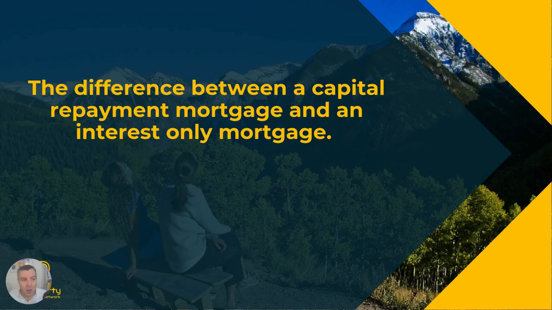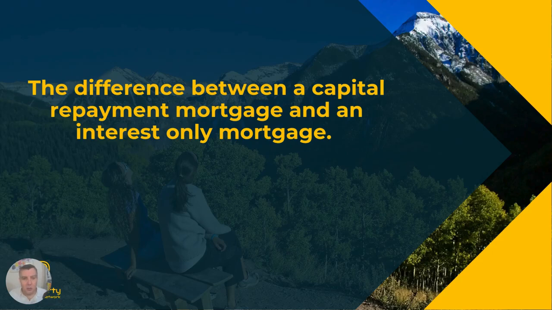So a capital repayment mortgage and an interest-only mortgage, for once, the financial sector have made these terms quite clear as to what they represent. The financial sector is deliberately opaque in a lot of their language, but in this case, they've actually stated exactly what the product does. So a capital repayment mortgage means that on our mortgage of £100,000, as we're using in this example, over 20 years, every month you will make a payment towards your mortgage, and a proportion of that payment will be interest and some will be towards the actual capital, so paying off that £100,000.